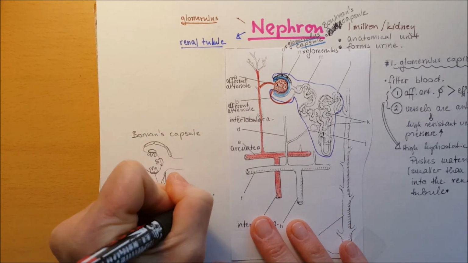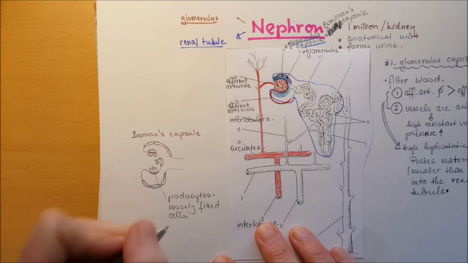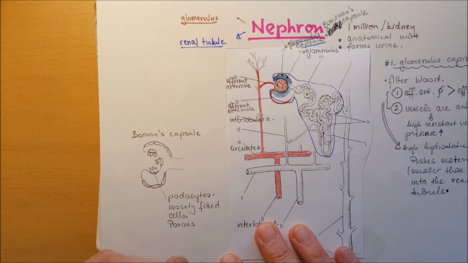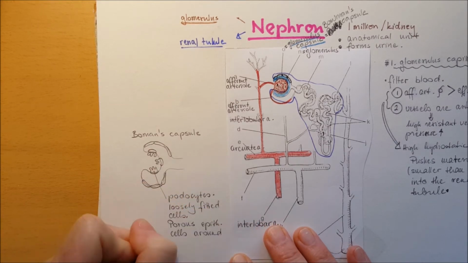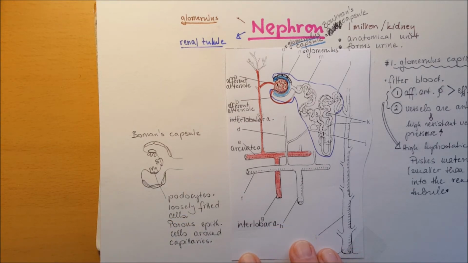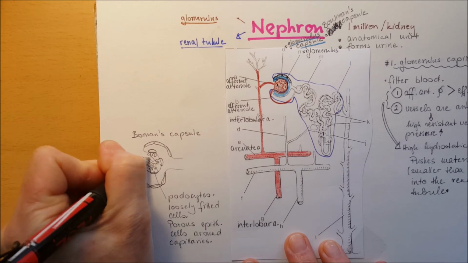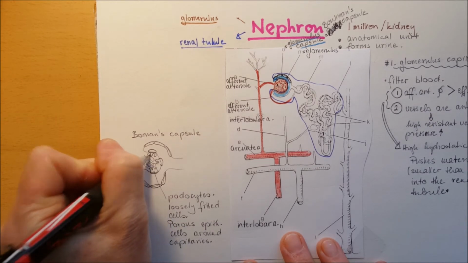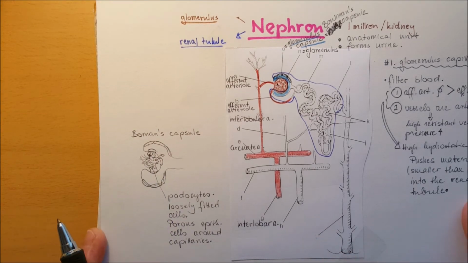Podocytes are loosely fitted cells with some tentacles that attach to the capillaries, and they make this epithelium kind of porous, to let material from the capillaries get into the Bowman's capsule, to be able to form the urine.